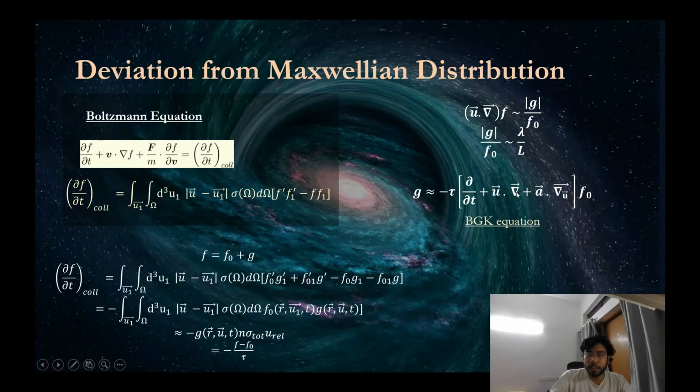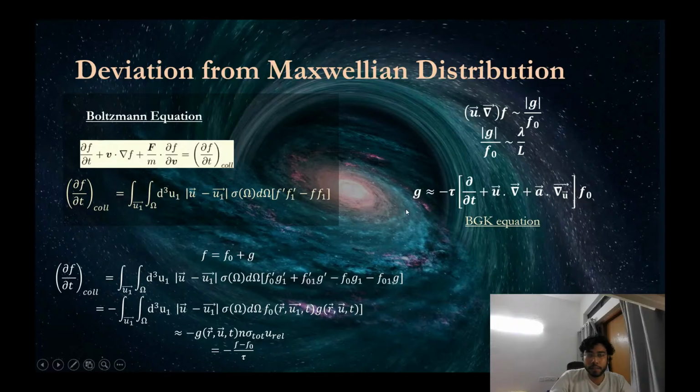Now in this BGK equation, to see how this new parameter g, the deviation from the Maxwellian distribution, plays a role, we try to look at this equation in a steady state and see how the gradients are behaving.